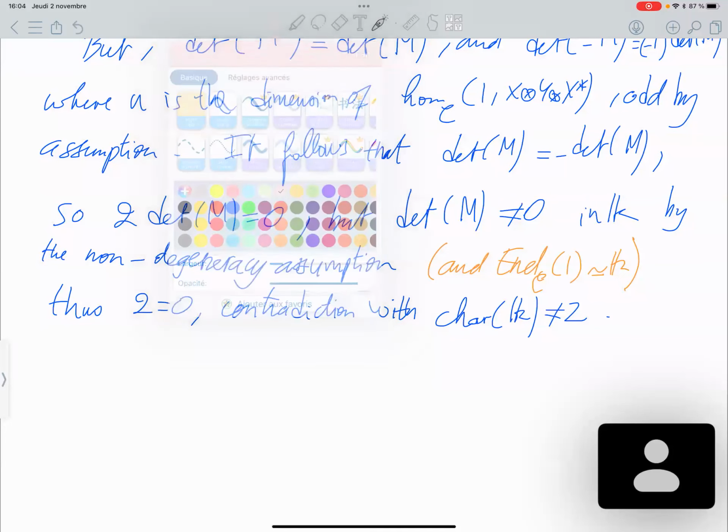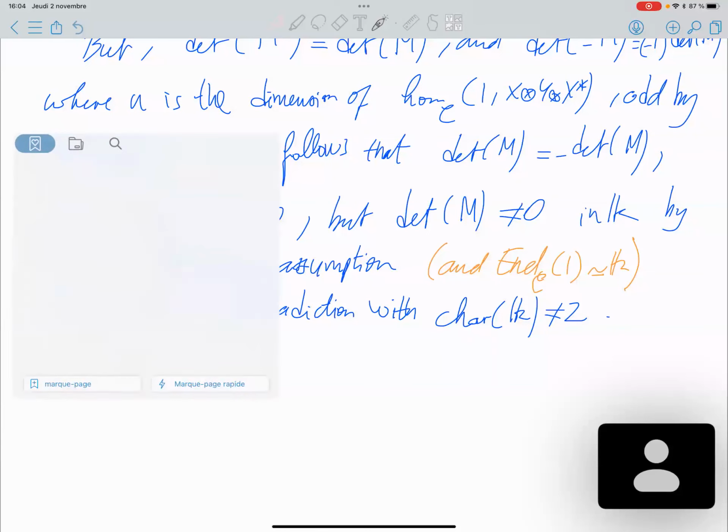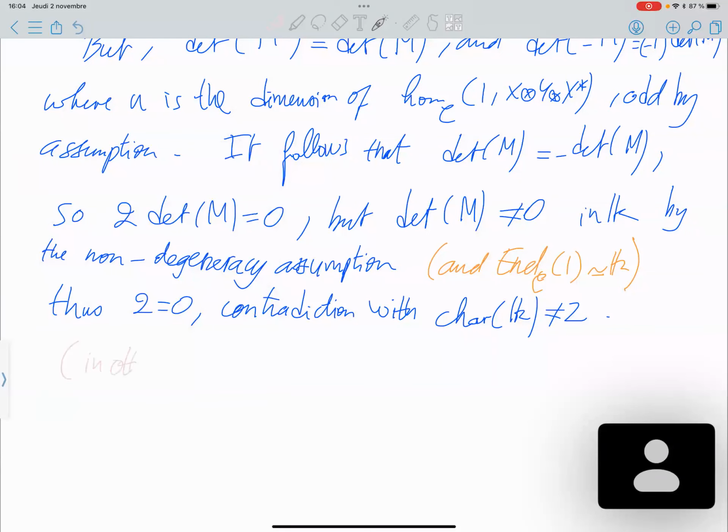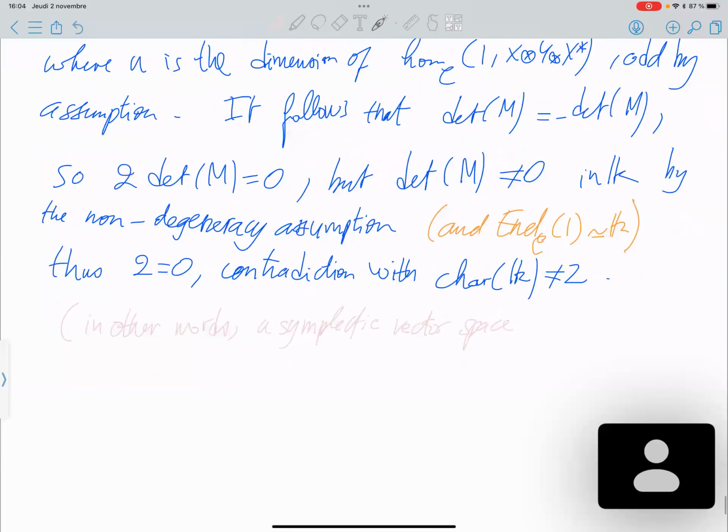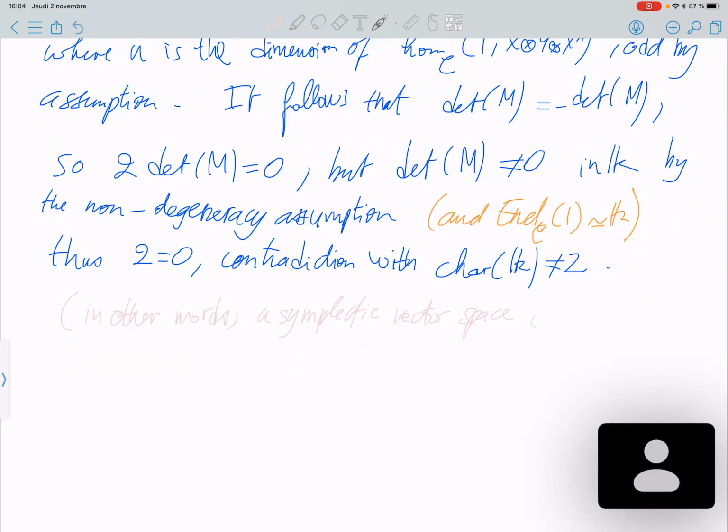In other words, a symplectic vector space over a field of characteristic different from 2 must be even dimensional.